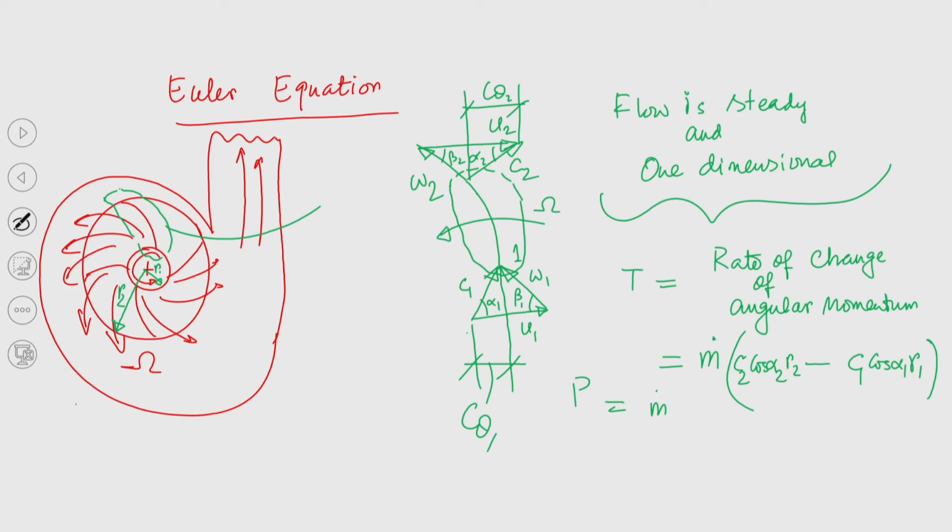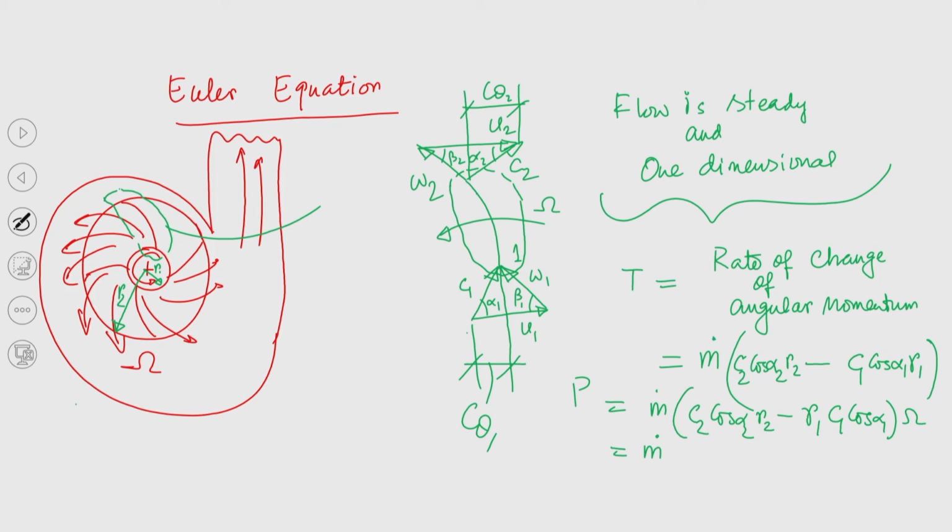So, we can write m dot into c 2 cos alpha 2 r 2 minus r 1 c 1 cos alpha 1, into omega. We can simply replace c 2 cos alpha 2 and c 1 cos alpha 1 by c theta 2 and c theta 1. So, it is nothing but m dot into, we can write, r 2 into omega.